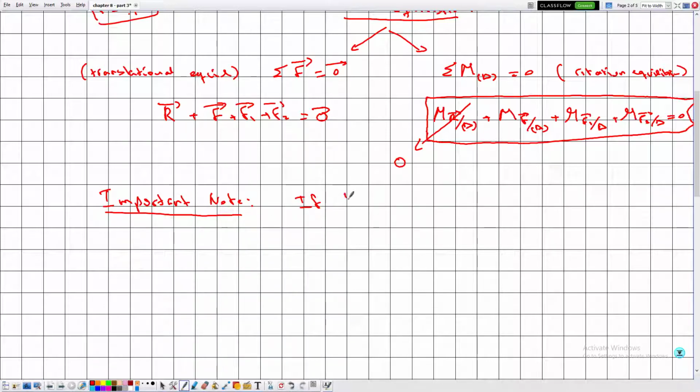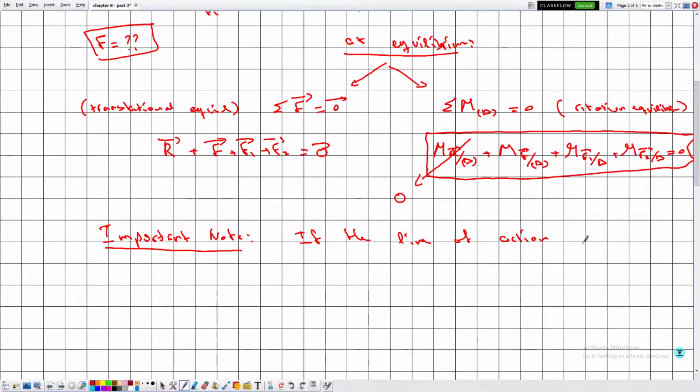If the line of action of a given force is along, let me say, the radial direction, then this force does not produce any moment.